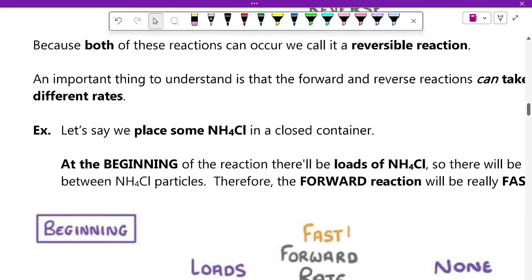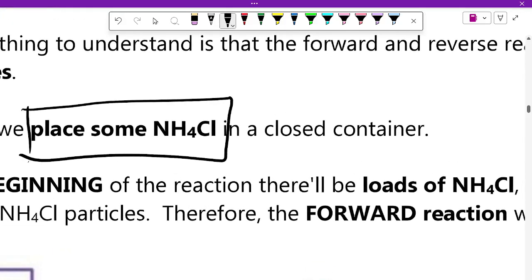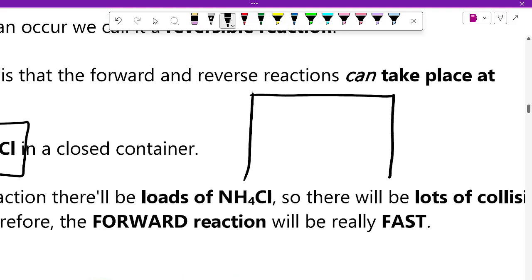Now, we are placing some NH4Cl in a closed container. Here's my closed container. NH4Cl. How much NH3 and HCl is in there right now?